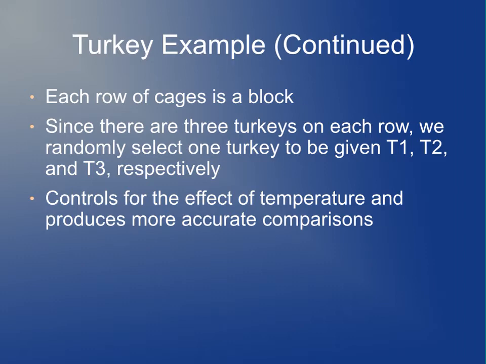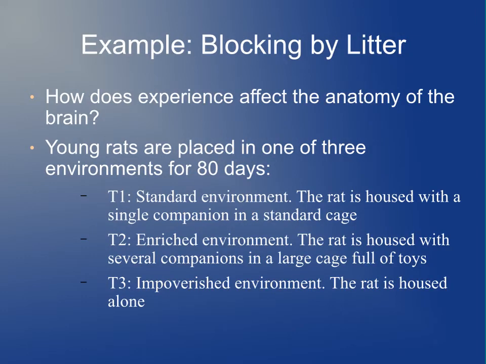Another example that might be more relevant in the bench science world is an experiment where they wanted to see how social activity affects the development of brains of young rats. So young rats are placed in one of three environments for 80 days. In the standard environment, you put the rat in a standard cage with one companion.